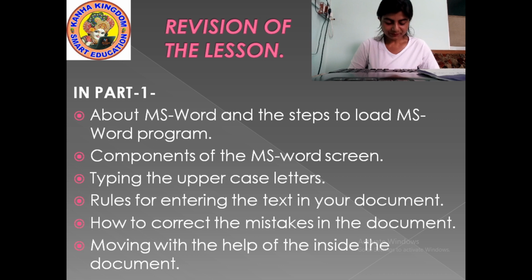Then there is the status bar, which tells us the status of the document, that is, information such as how much you have worked and the number of pages. Then there are the zoom in and zoom out buttons through which you can adjust your page according to your requirement.